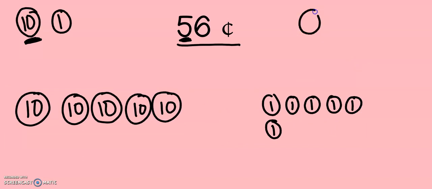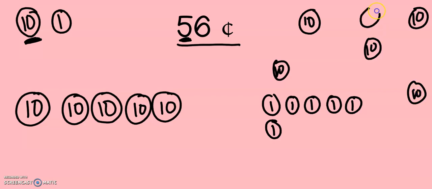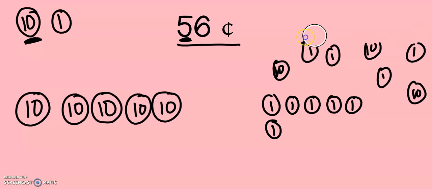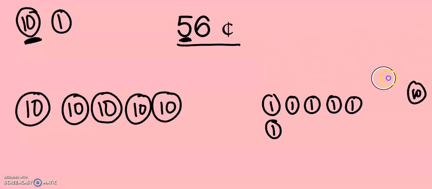We don't want to go like this: 10, 20, 30, 40, 50, 51, 52, 53, 54, 55, 56. Do you see how messy that is and how difficult that would be for your teacher or for you to read? So we want to keep them together. We want to put all of the tens together and all of the ones together.